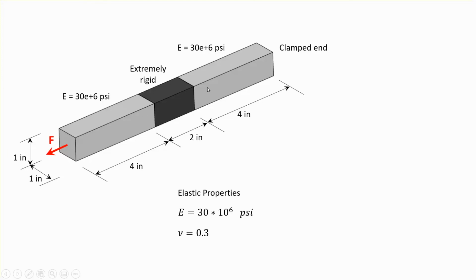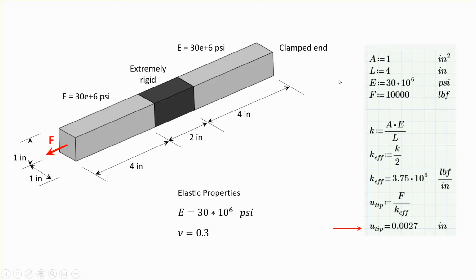And this 2-inch piece in the middle is a lot stiffer than that, okay? That being the case, we know that this middle section doesn't deform very much, and therefore we can pretend that it's a rigid object, okay? The right end is clamped and the left end is subjected to axial force of 10,000 pounds.